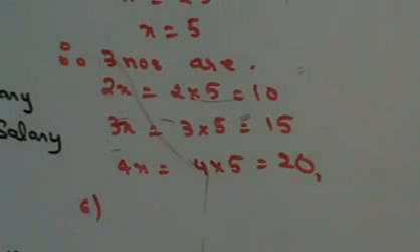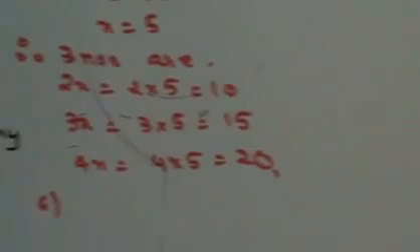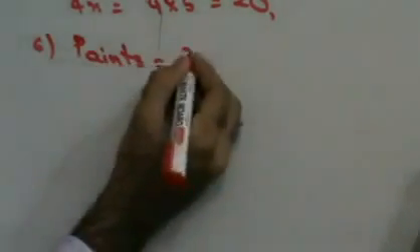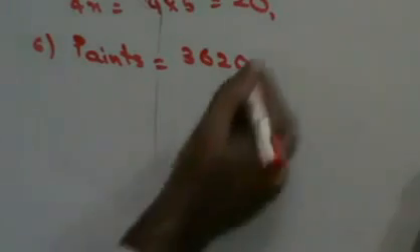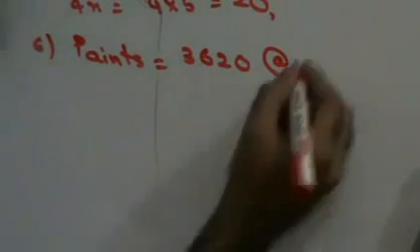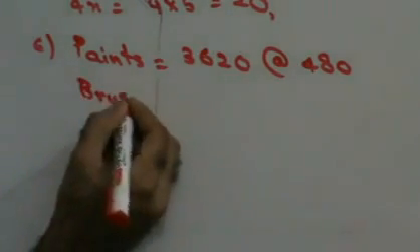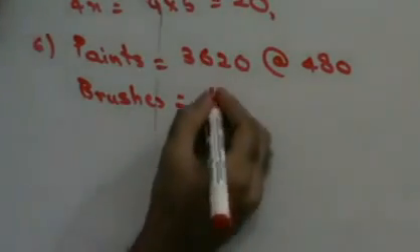Anil spends 3,620 rupees for buying paints at the rate of 480 for each tin, and brushes at the rate of 130 each.